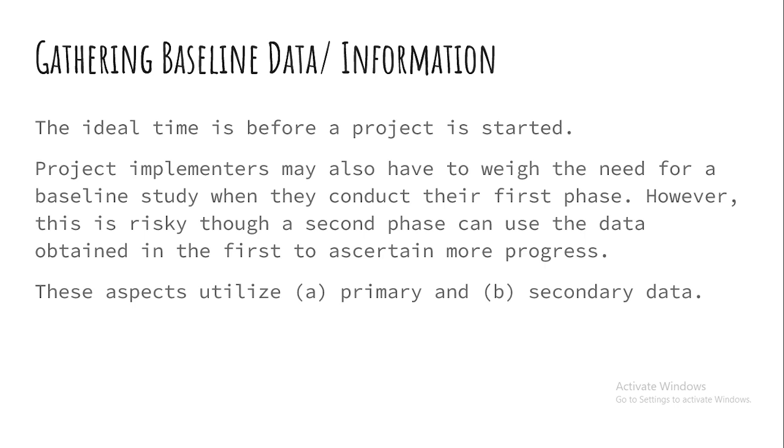Reports that have been done before, you can ask for those reports on a particular project to inform you more, or you can actually do primary data collection on the particular intervention group to collect baseline survey data for you before you start your project.